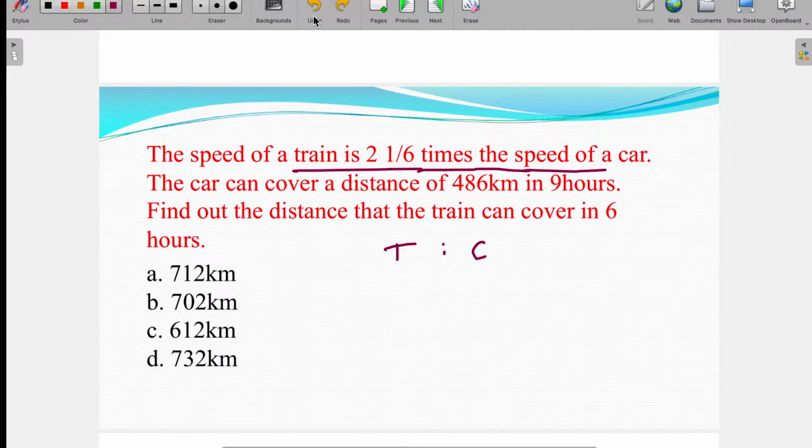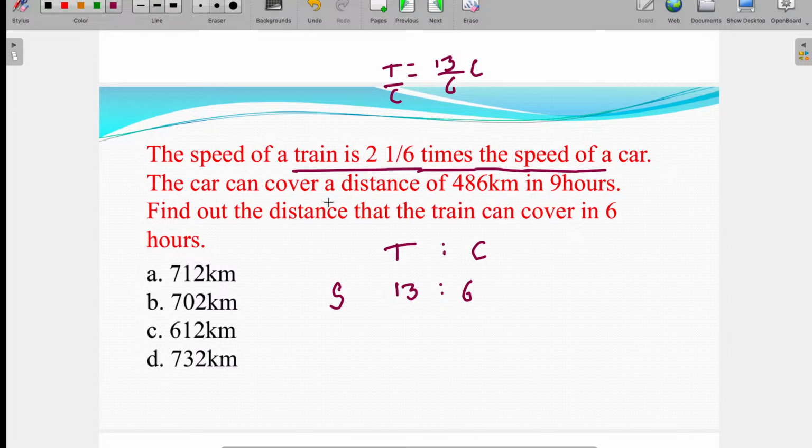Sorry, yes, 13 is to 6. The ratio train is to car, I want, not car is to train. According to the statement, train is 13 by 6 of car. Okay, this is the speed ratio.